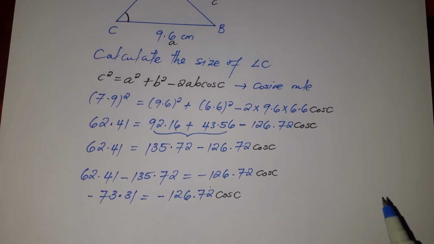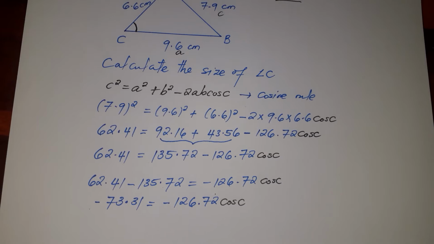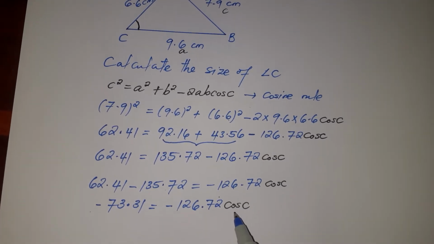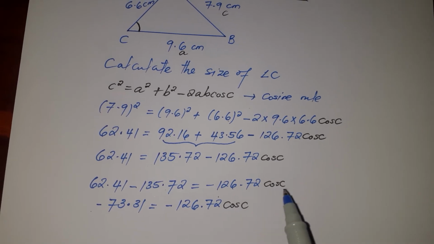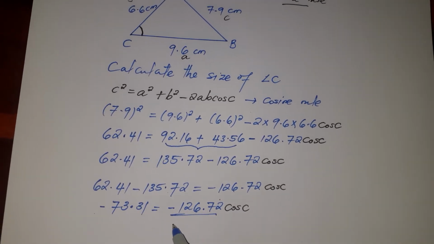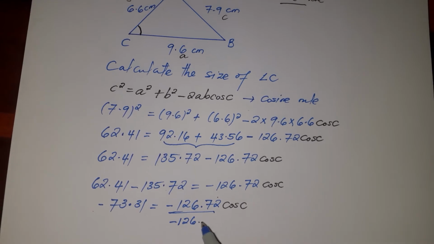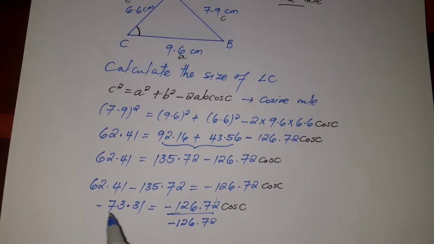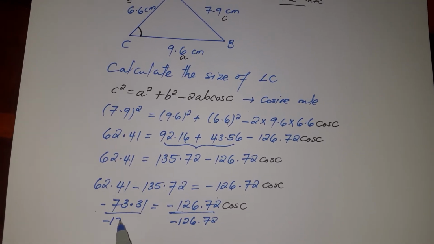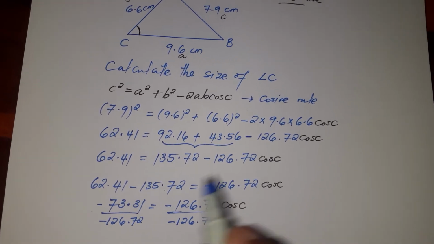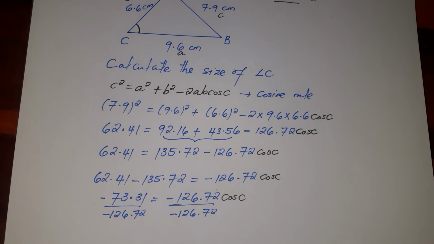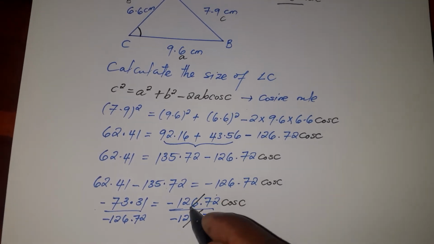Now what we can see here is that since we want to have this cosine C along that side, therefore we have to divide both sides by 126.72. Also the same this side, negative 126.72. Once we do that, this will cancel with that.